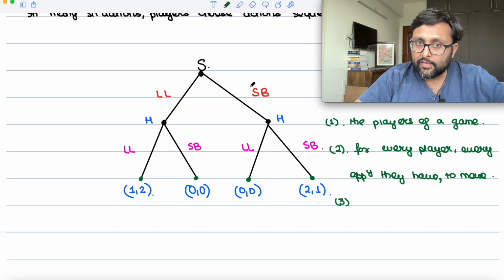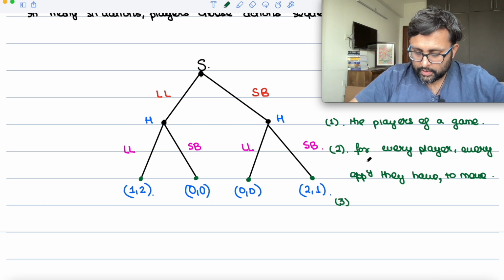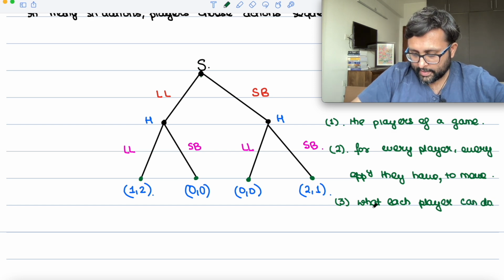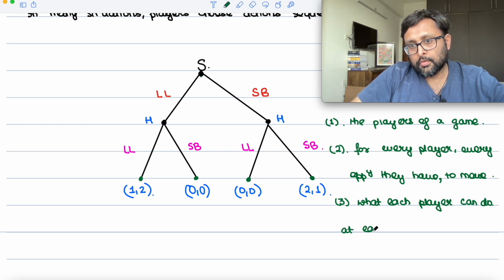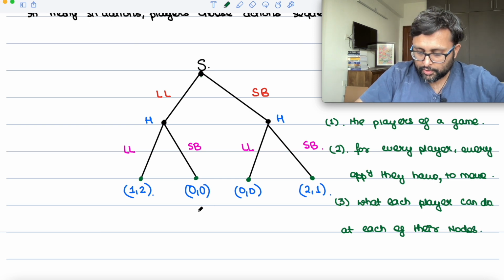So what every player can do at each of their nodes, right?